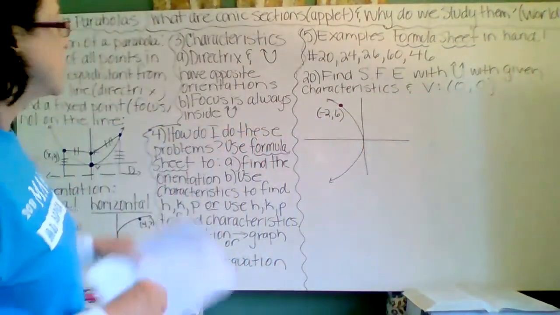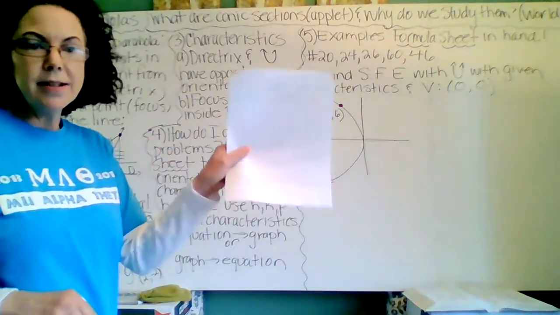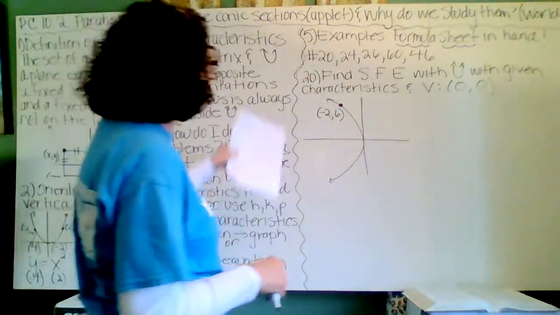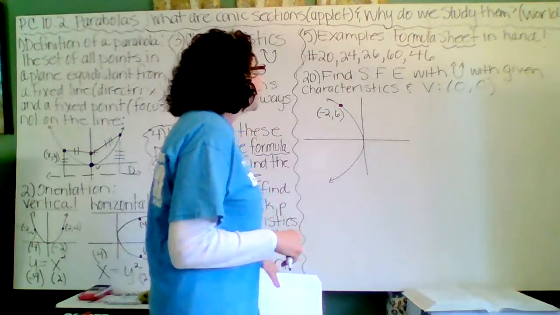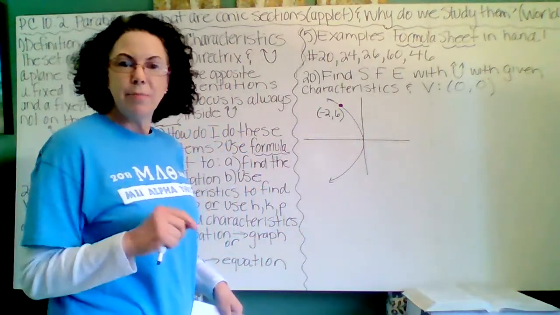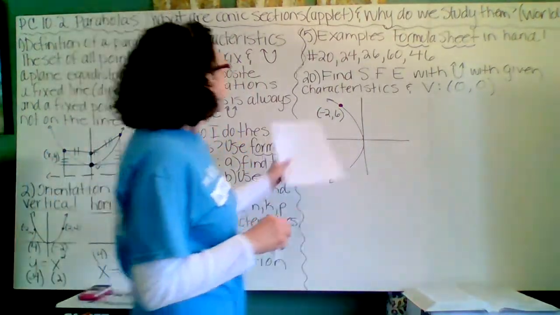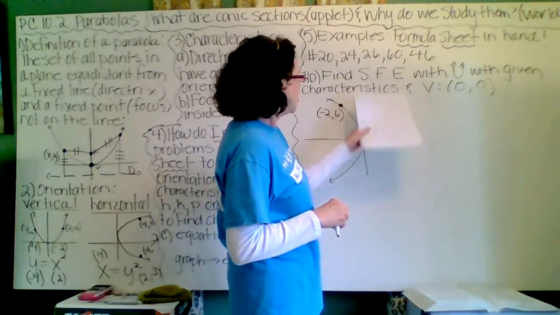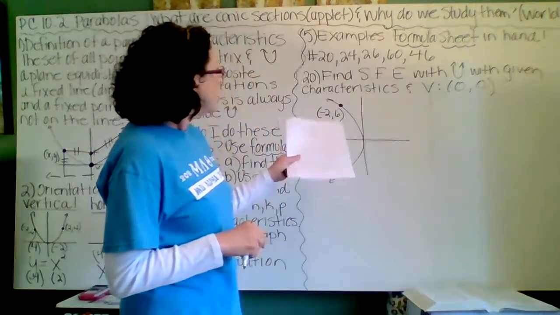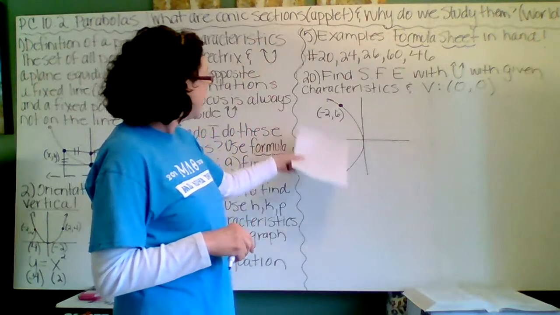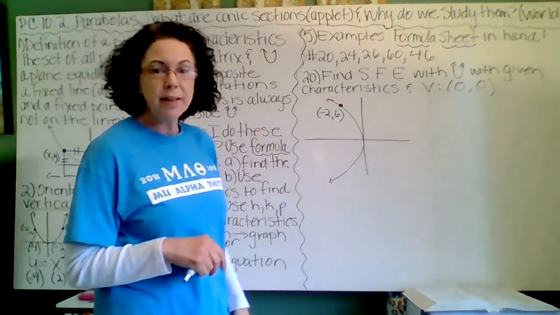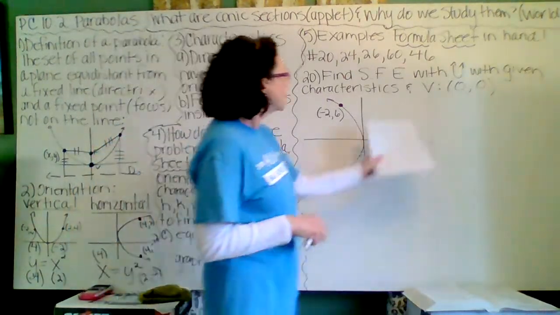So here are our examples, formula sheet in hand. Here it is, and here is problem number 20. It says find, I abbreviated to save room, the standard form of the equation of the parabola with the given characteristics. On number 20 they give this picture and a vertex.